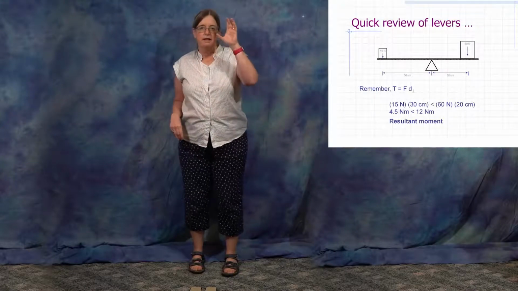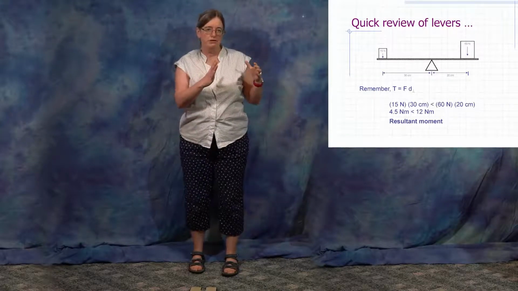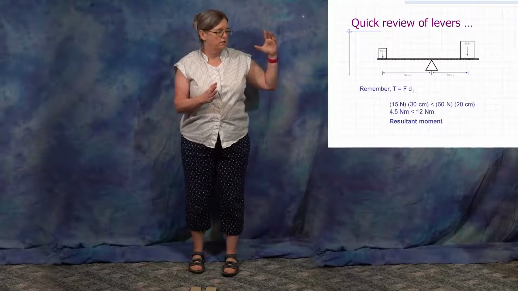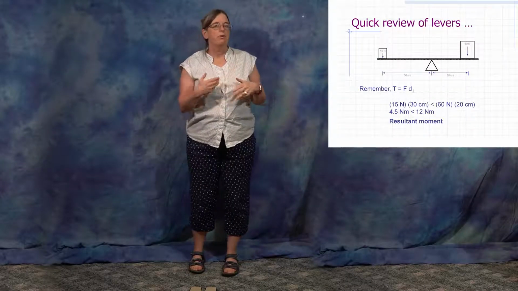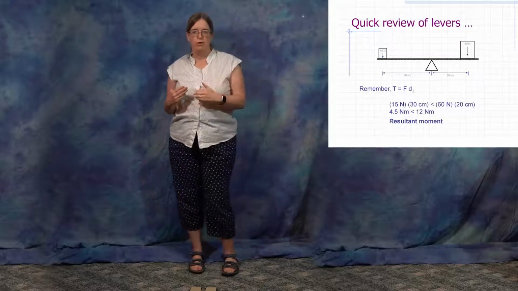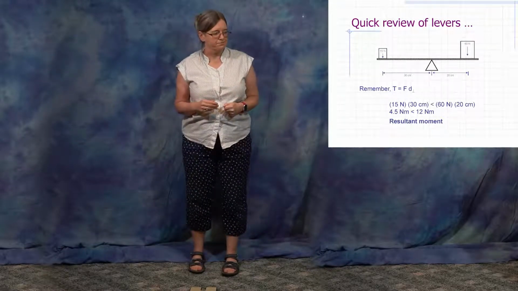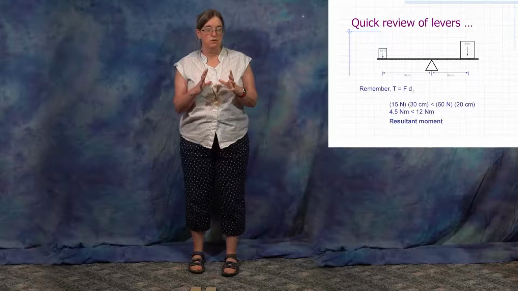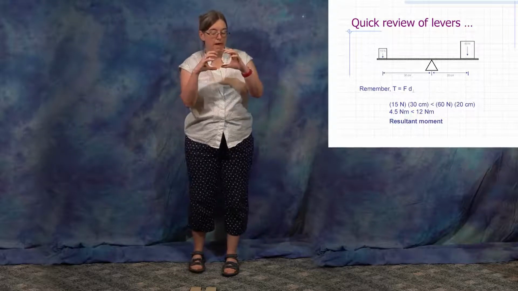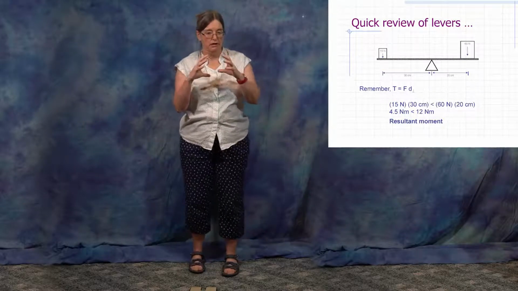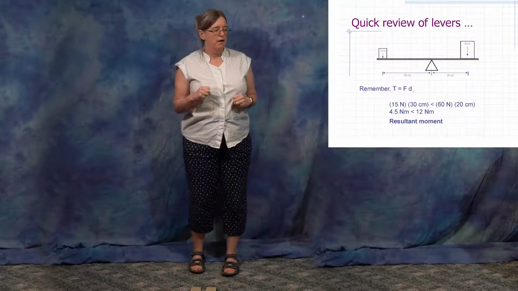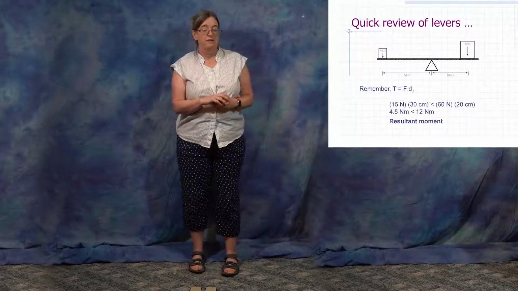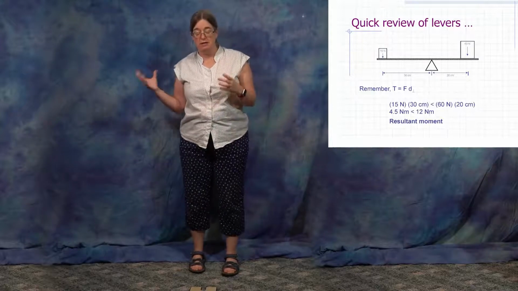Well, if the 15 newton mass was 30 centimeters from the fulcrum, that would create a torque of 4.5 newton meters. If the 60 newton mass, or weight, is 20 centimeters from the fulcrum, that would be 12 newton meters.